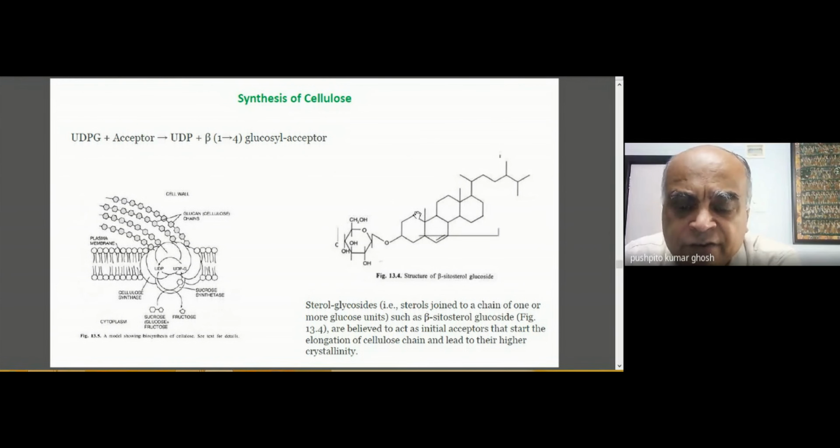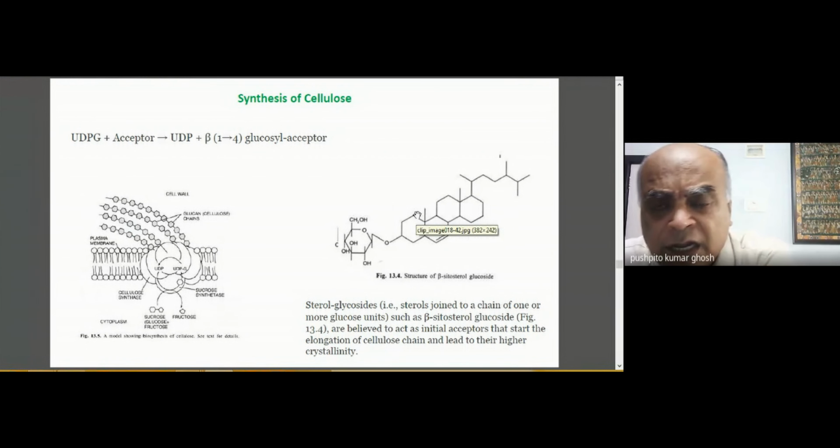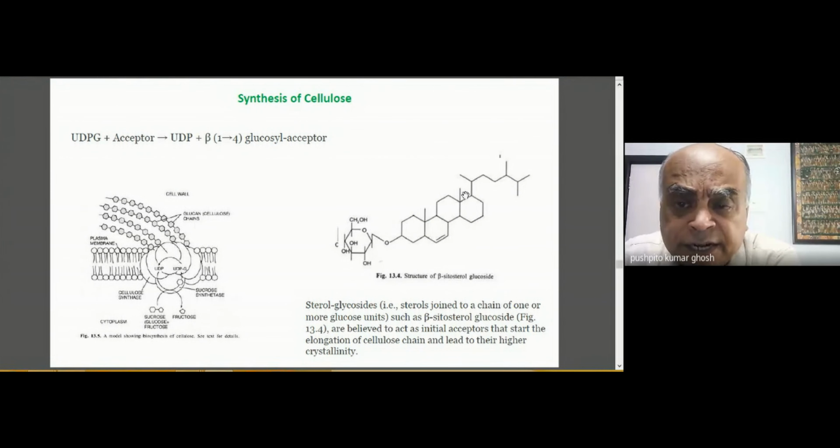Now steroids have a very interesting directing property. For example, many steroids you can make liquid crystalline polymers out of. It exhibits liquid crystalline behavior. So because of this directing property of the steroid, the cellulose is much more crystalline compared to starch.